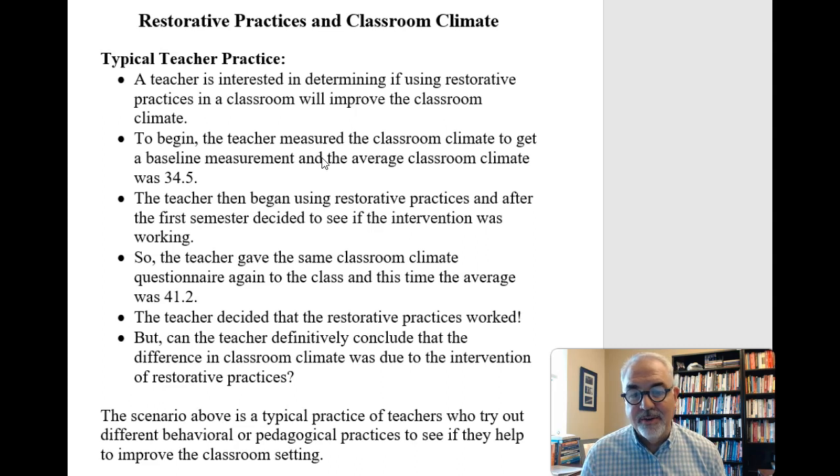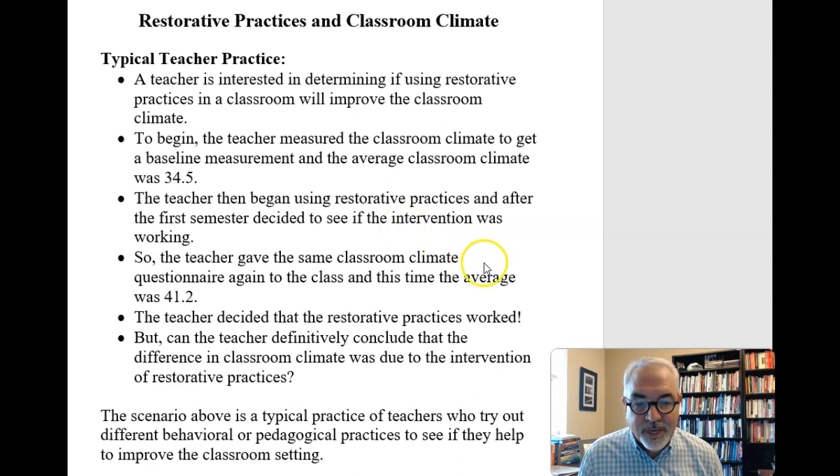What she finds is that the average of the class on classroom climate is 34.5. Sounds like an arbitrary number, but in any case, she begins using restorative practices, and after that first semester, she decides to see if the intervention is actually working.